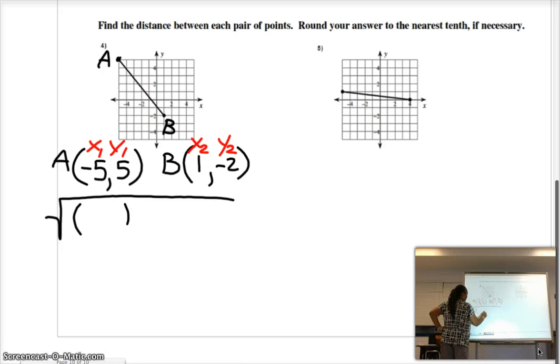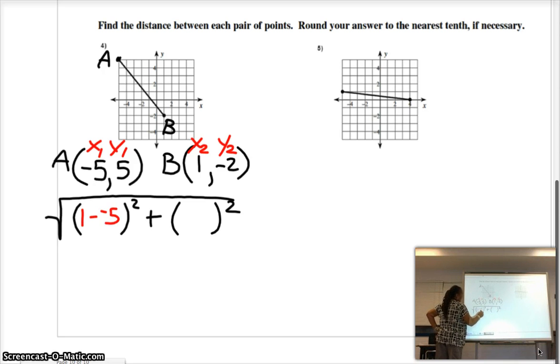Okay, oh no, oh no. Somebody tell me what I do now. Substitute in. So what's my x2? 1 minus -5, thank you. Negative 2 minus 5, thank you.